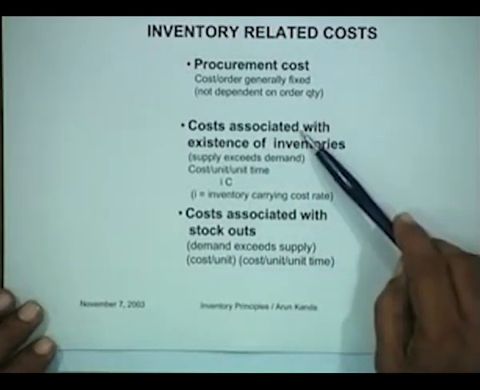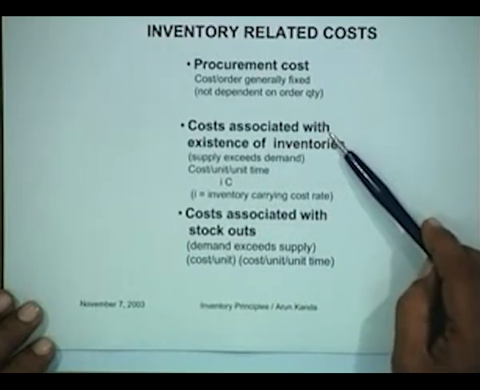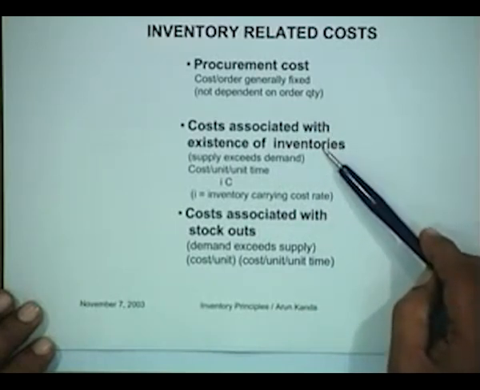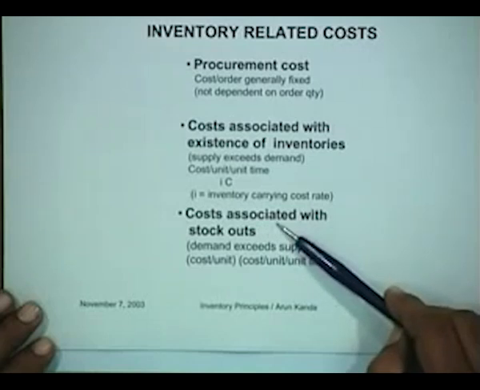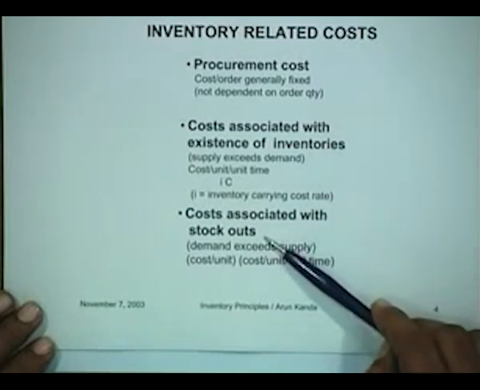Then there are these two very important types of costs. One, costs associated with existence of inventories, and number two, costs associated with non-existence of inventories, right? So we have costs of holding inventories and costs of stockouts, essentially, if you don't hold inventories.